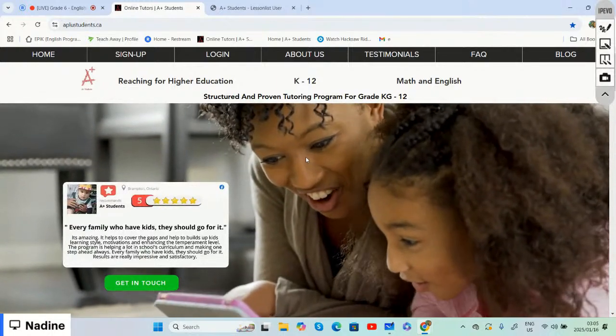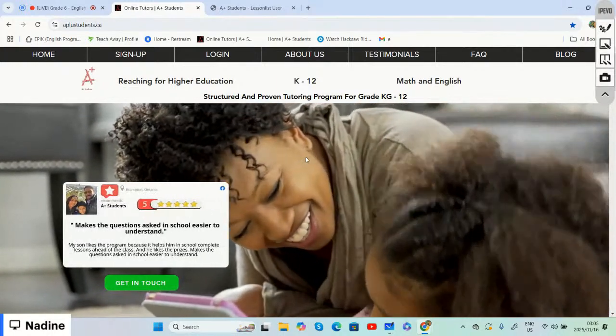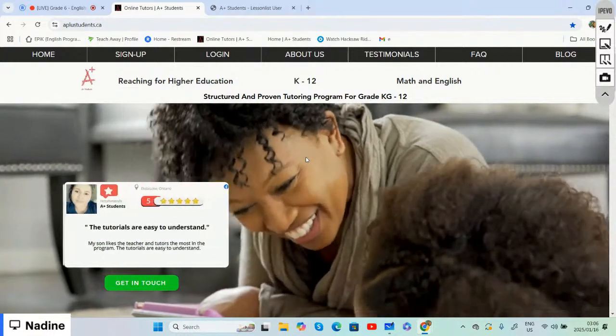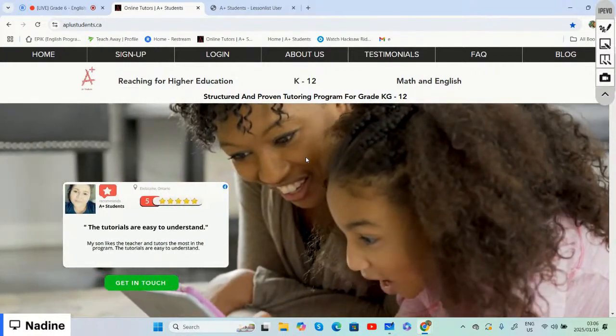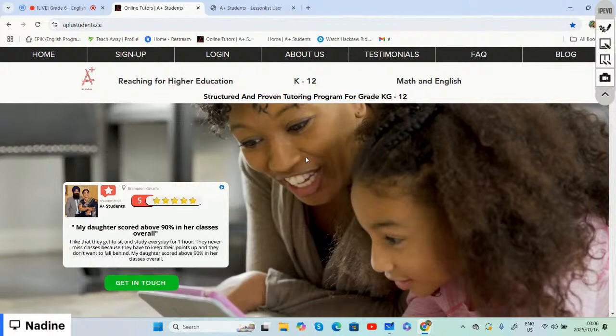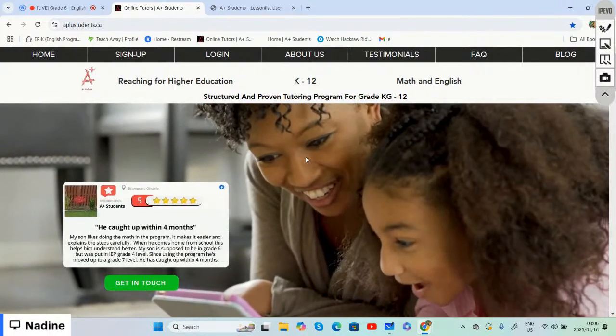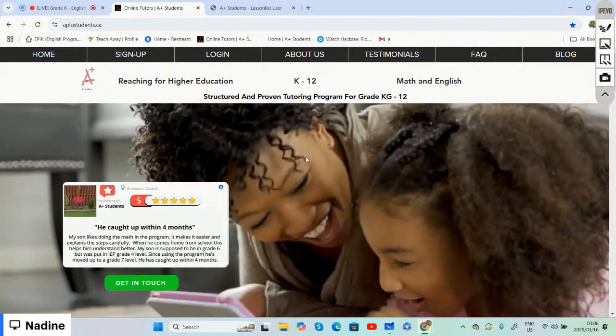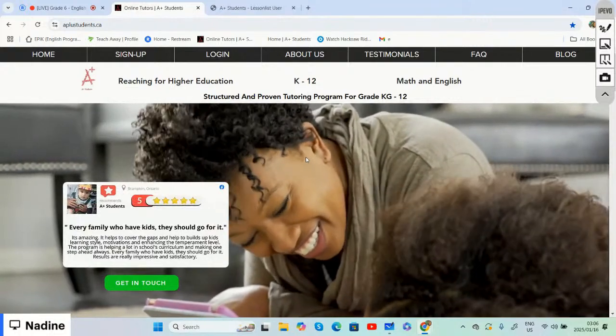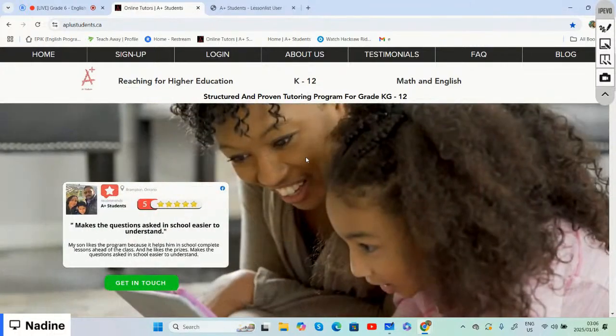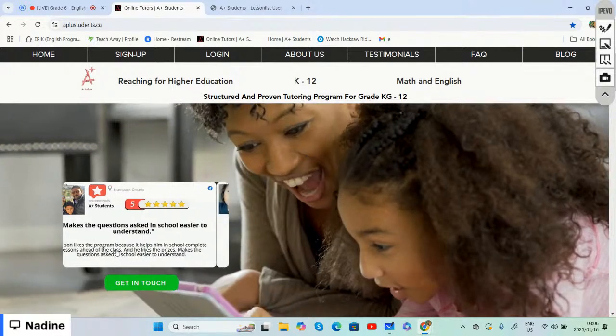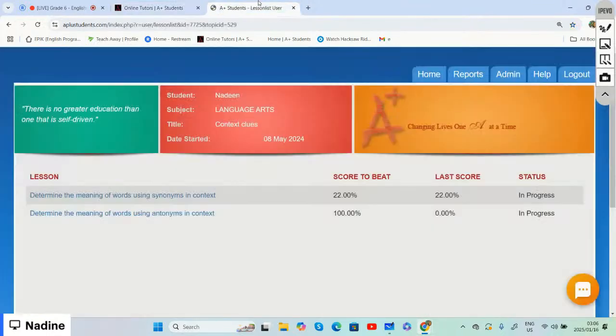We're doing grade 6. And then we're going to scroll down until we get to our chapter of context clues.